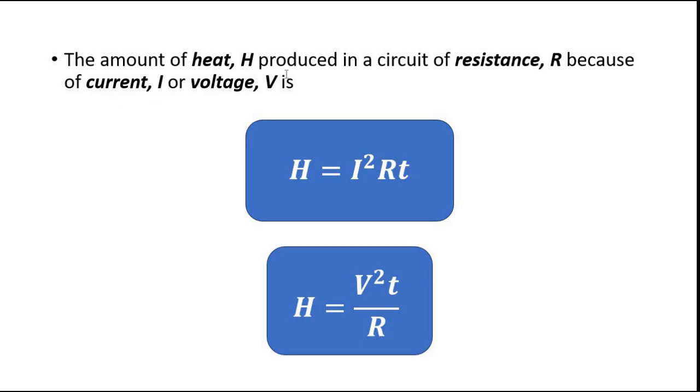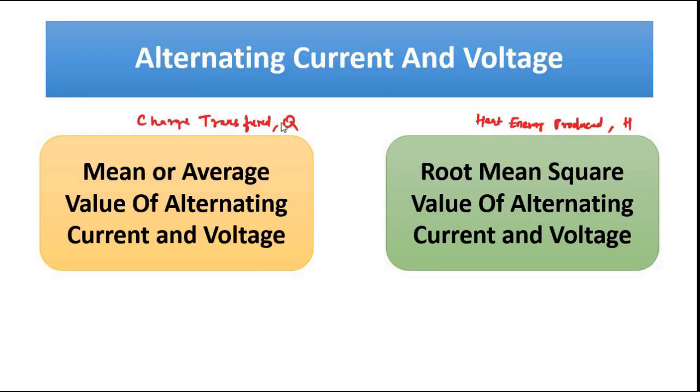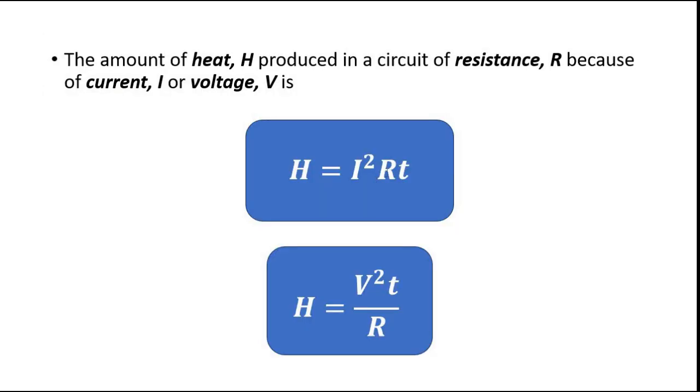As I said, for mean or average value we consider charge transferred, whereas in root mean square value we measure the heat energy produced in the circuit because of the application of alternating voltage or the flow of alternating current.